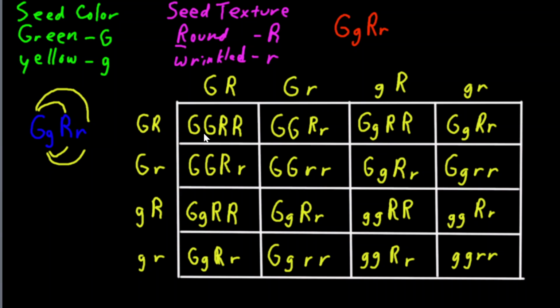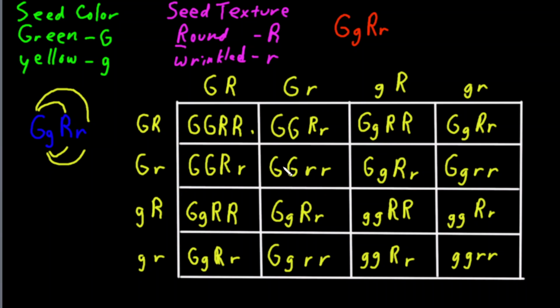So for example, the first F1 genotype says capital G, capital G, capital R, capital R. This is the only one of those that I see, and so I would put a 1 next to that. Then capital G, and capital R, lowercase r. Well, I happen to see 2 of those, so I'll put a 2 out beside that. All right, and then take a moment and fill in the rest of those genotypes.